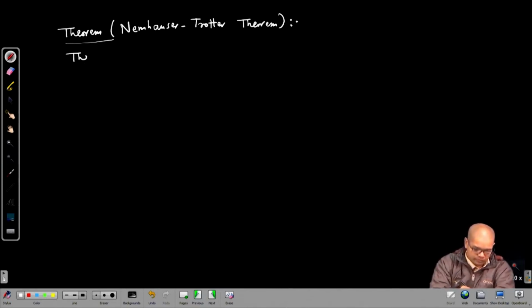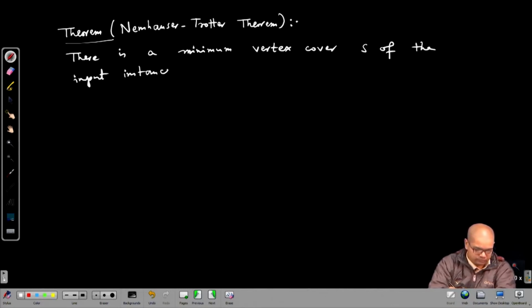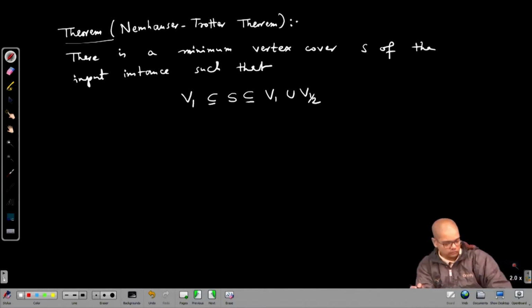So, there is a minimum vertex cover S of the input instance such that S is a subset of V1 union V half and contains V1.